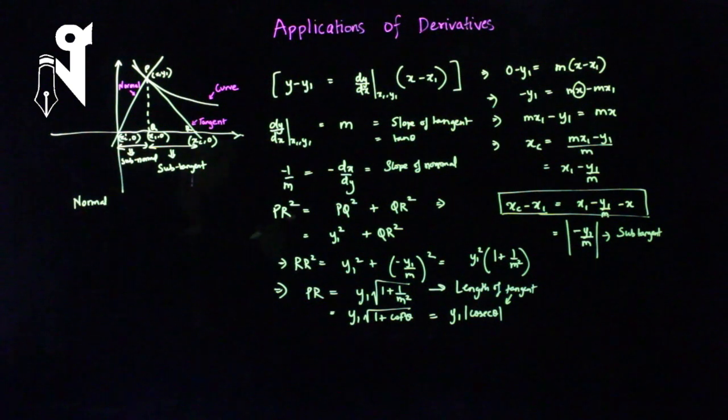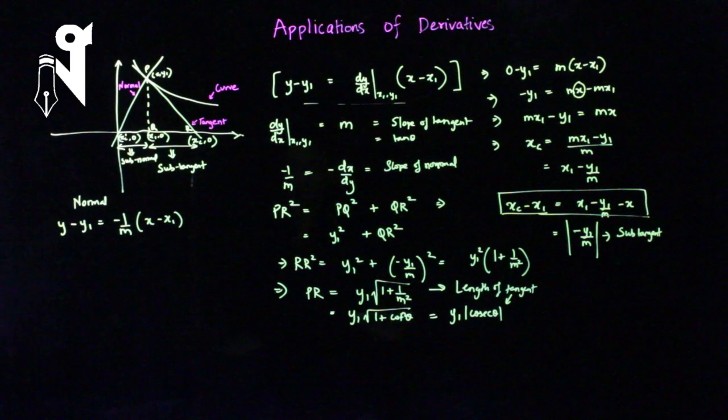Exact same equation. Y minus y1 equals minus 1 by m, where m is the slope of the tangent. So minus 1 by m is slope of the normal, times x minus x1. So you need to understand how I can replace m with minus 1 by m in the set of steps that I just performed, and I will get not just length of normal or subnormal. I can do this for any line.